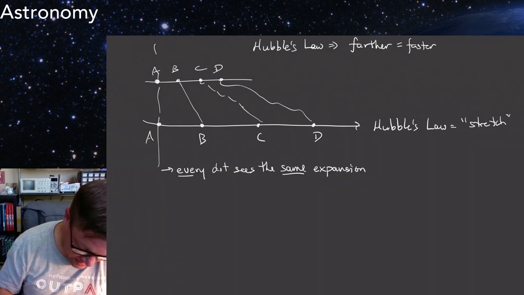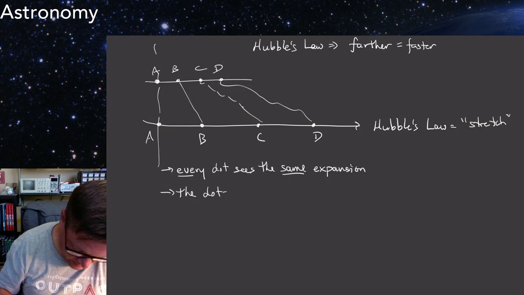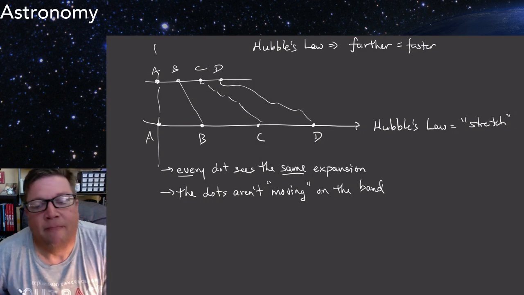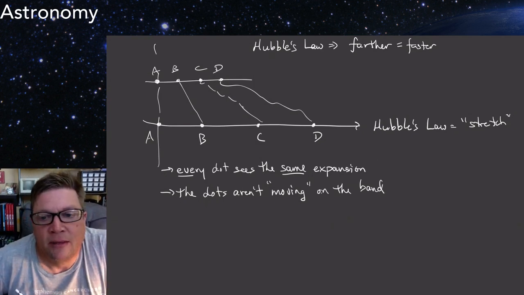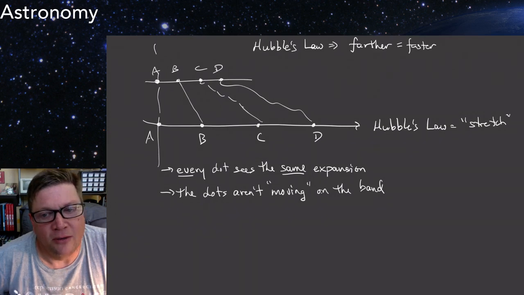How about this? This is also true. The dots aren't moving on the band. That's true also, right? They're moving away from each other, but why? It's not because the dots are moving on the rubber band.